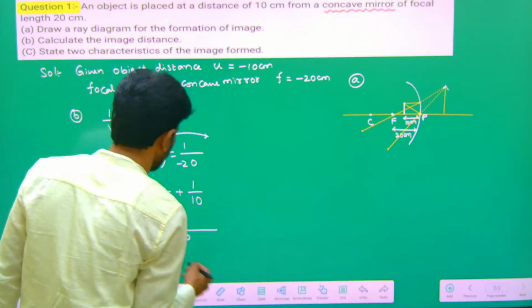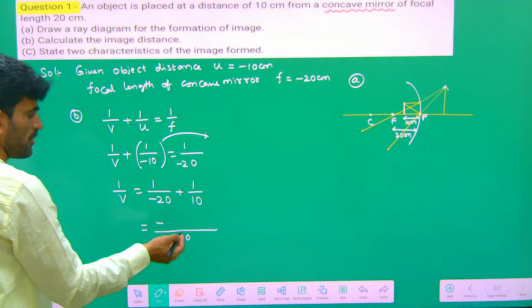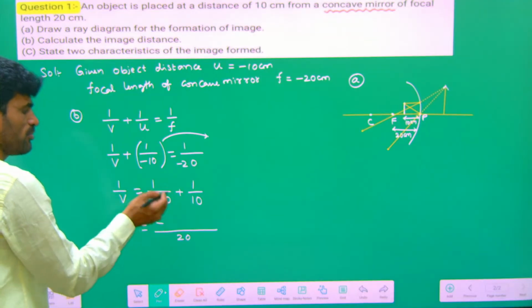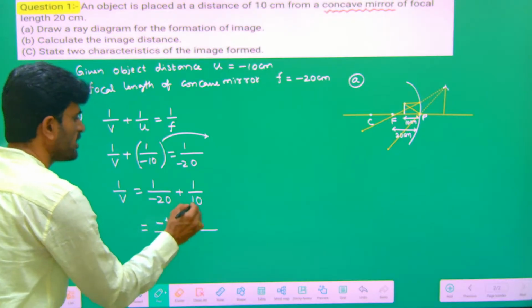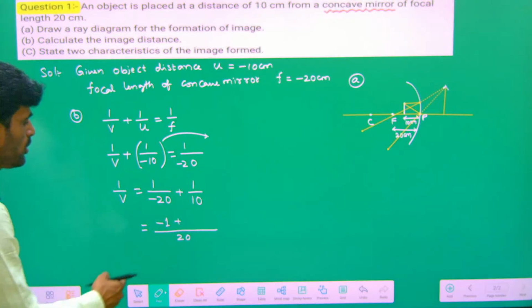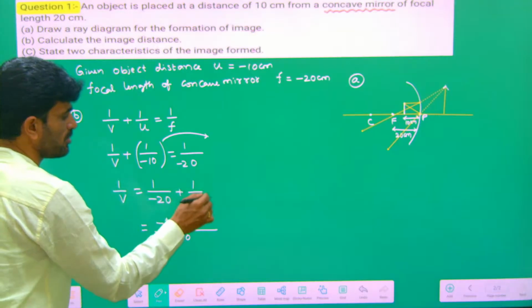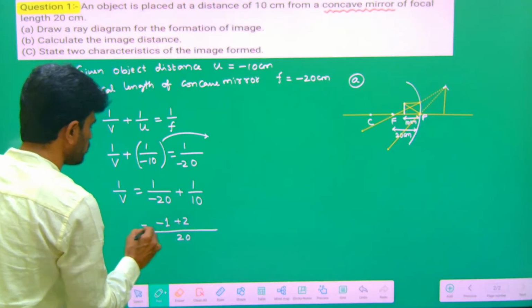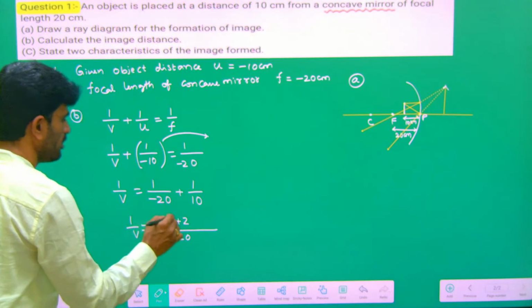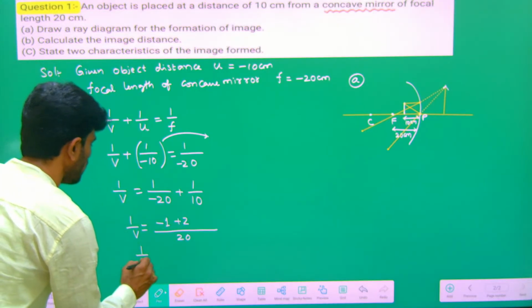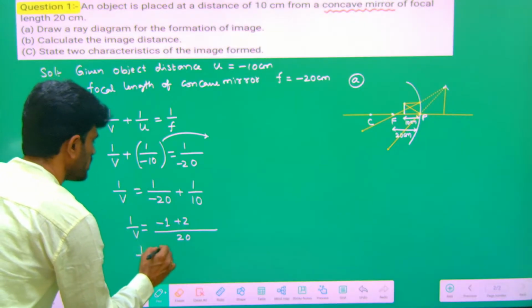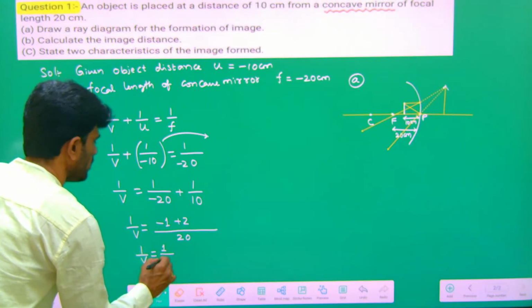Since we have taken the LCM 20, to get plus 20 here we should multiply by 2. So 1 by V is equal to minus 1 plus 2 by 20. That is, 1 by V is equal to minus 1 plus 2, which is 1, so 1 by 20.